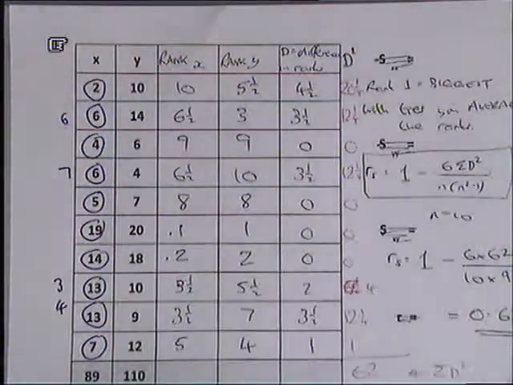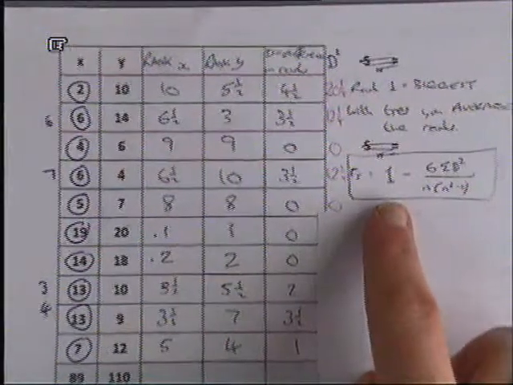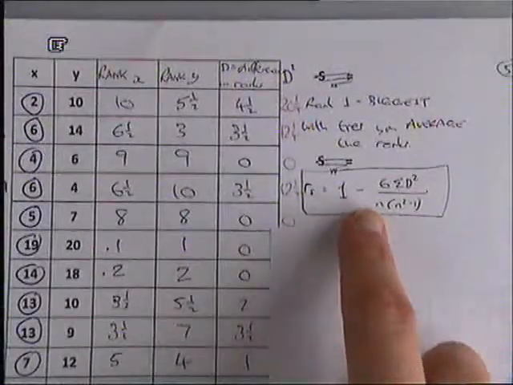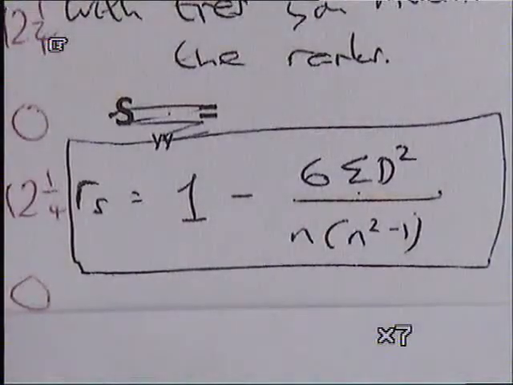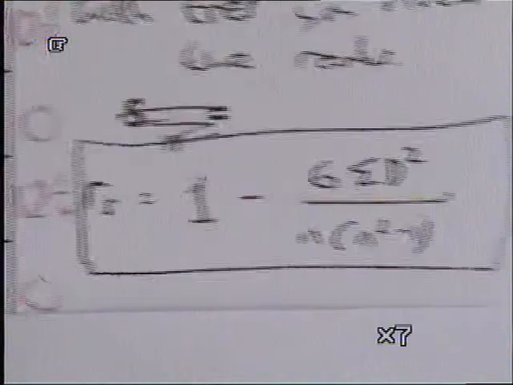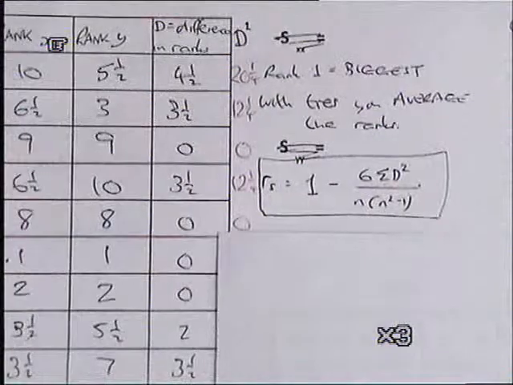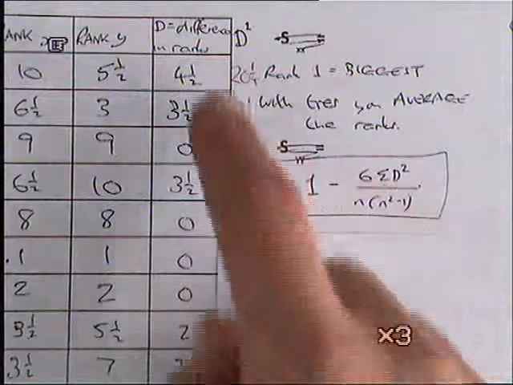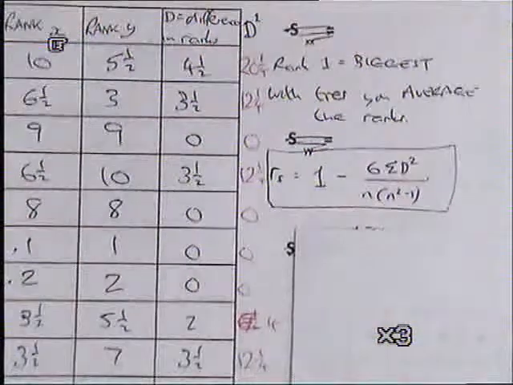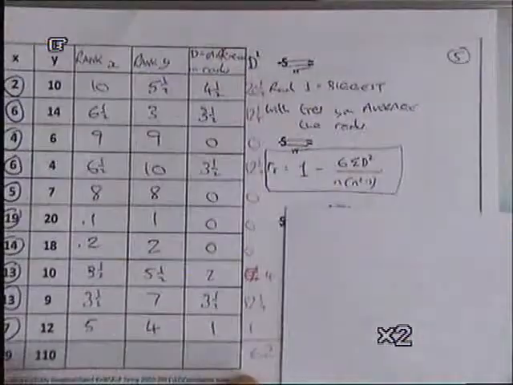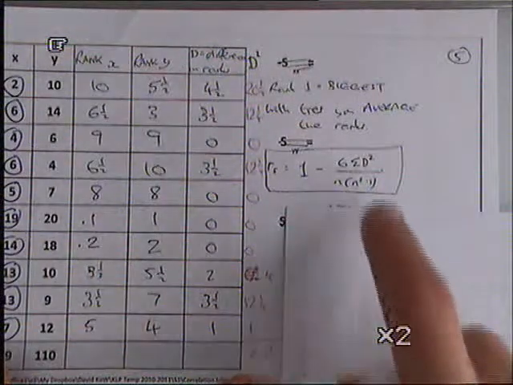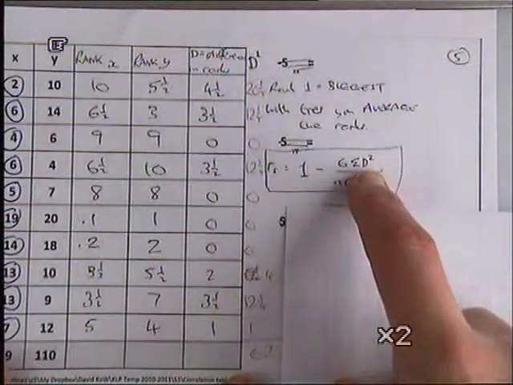The formula we had was 1 minus 6 lots of the total of the d squareds, divided by n into n squared minus 1. So what I need to do now from my table is add up my d squareds. I've added up my d squareds in this case, and I got a value of 62. So my sigma d squared is 62.